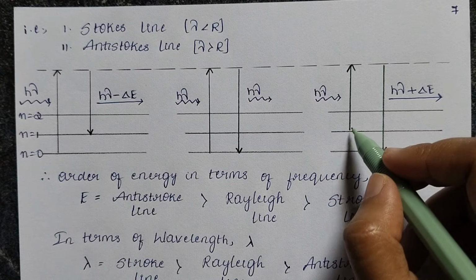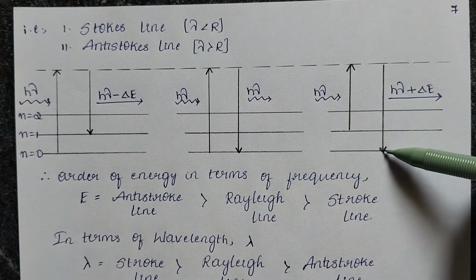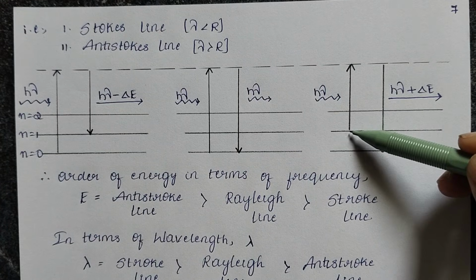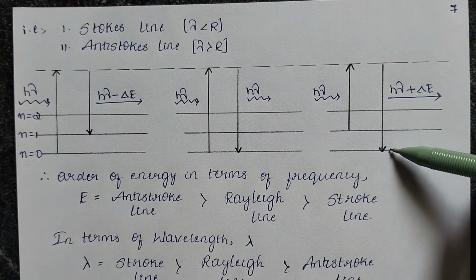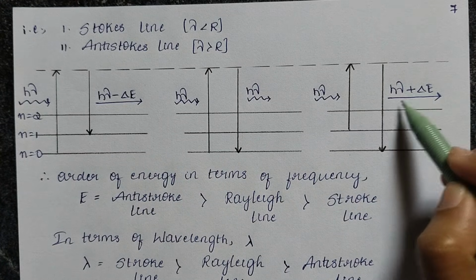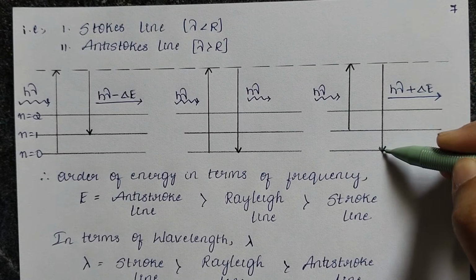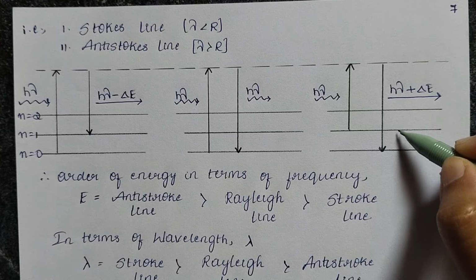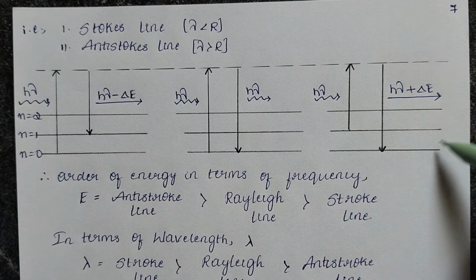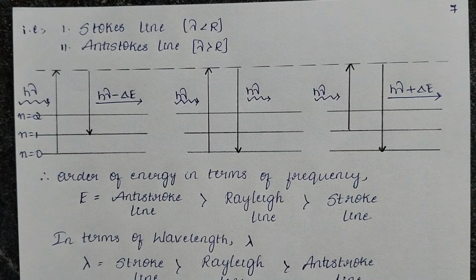If the electron jumps from n is equal to 1 to its highest energy level and will return back to the energy level which is lower than its initial energy level, that is n1, here it is at n0, and which will emit a radiation or energy which is h nu plus delta E, because it is returning to one energy level lower than its initial energy level, and thus here the energy must be added, so more amount of energy will be released. Such transitions or line spectra that is obtained during this transition is called as anti-Stokes line. Their complete definitions, we'll see it now.